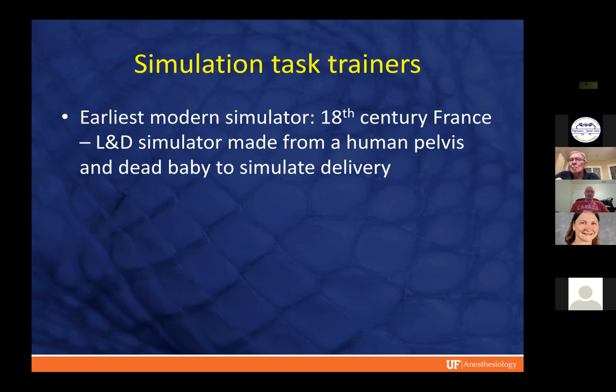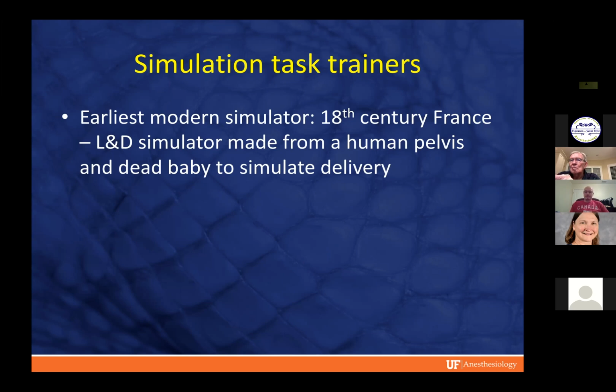And then what we would think of as a more modern simulator or a task trainer is also not super new. The first one was developed in the 18th century in France as a simulator for delivery. Delivery, even now in some parts of the world, carries high risk for both mom and baby, and infant mortality and maternal mortality associated with delivery was high.